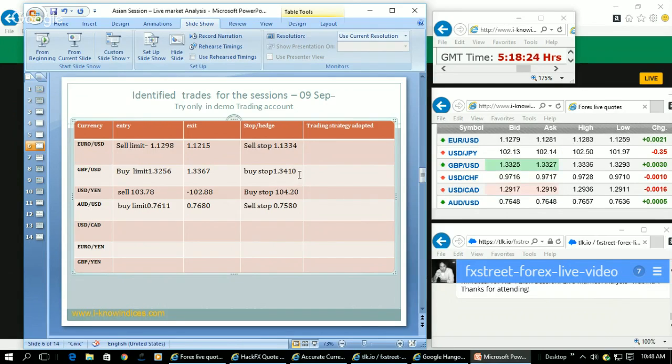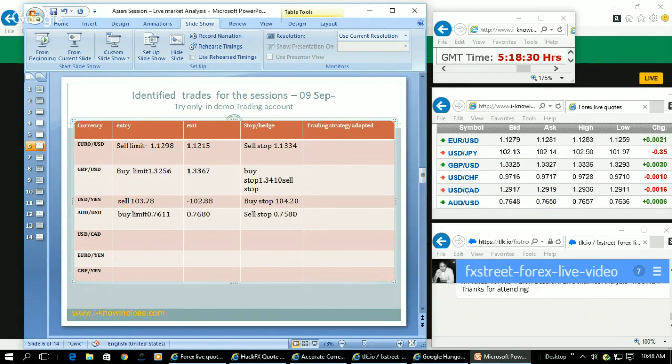And keep a buy stop of 1.3410 and sell stop 1.3212.